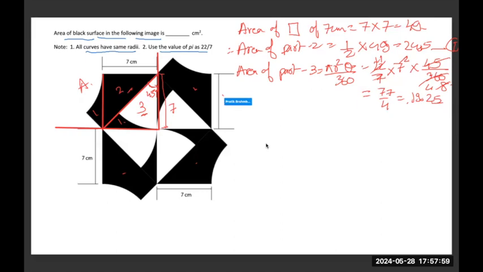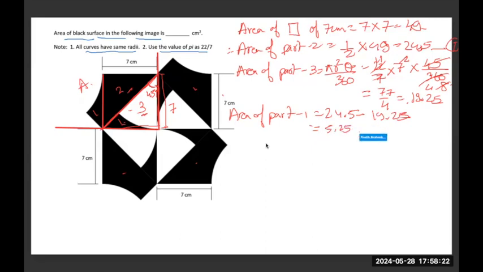I'm interested in finding the area of part 1. So area of part 1 will be area of part 2, which is half of the square, 24.5, minus the area of the sector, which is part 3, 19.25. This will come to 5.25.